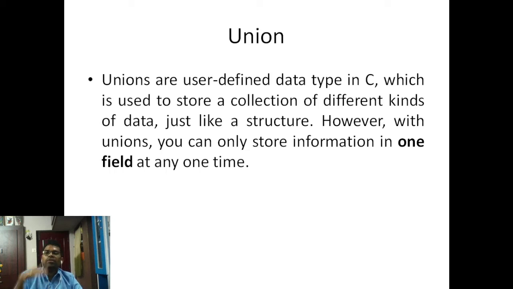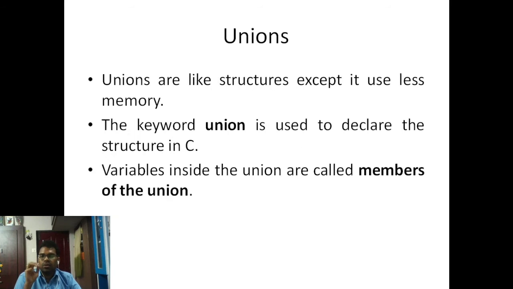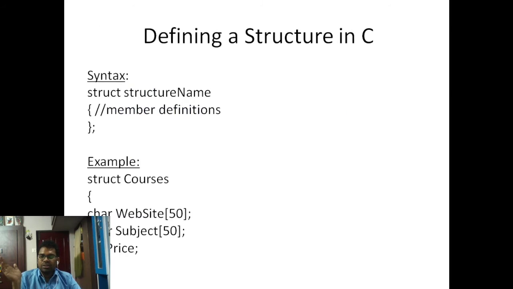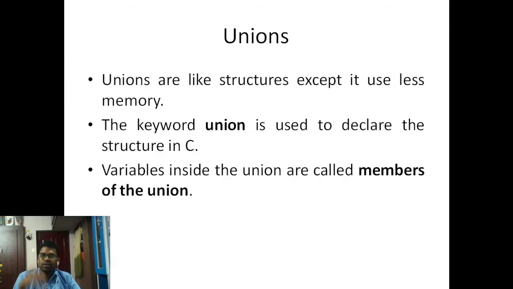So we don't use the structure, we will go to union. In a union only one field can be held. Unions are like structures except they use less memory, so that is why we use unions. In structure we use struct, in union we just use union.